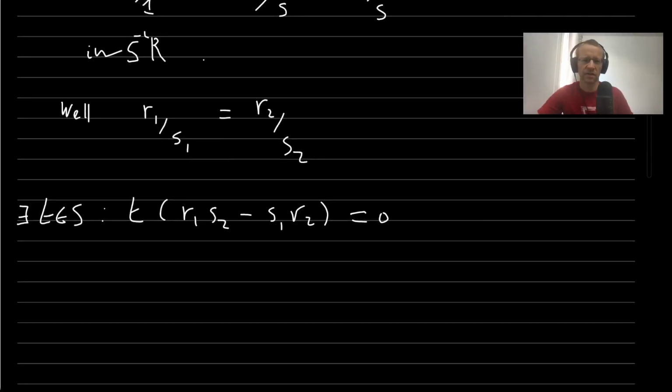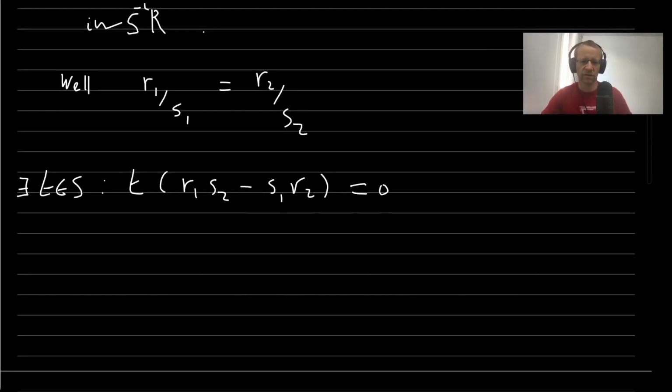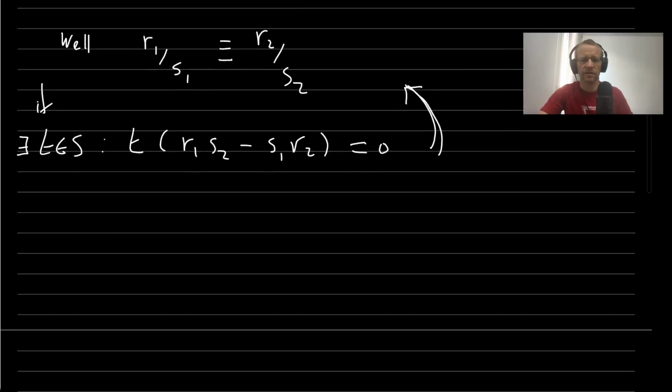That is sufficient to say that these fractions are equivalent. So if there exists such an element, then these fractions are equivalent. And this does take care of the subtlety.